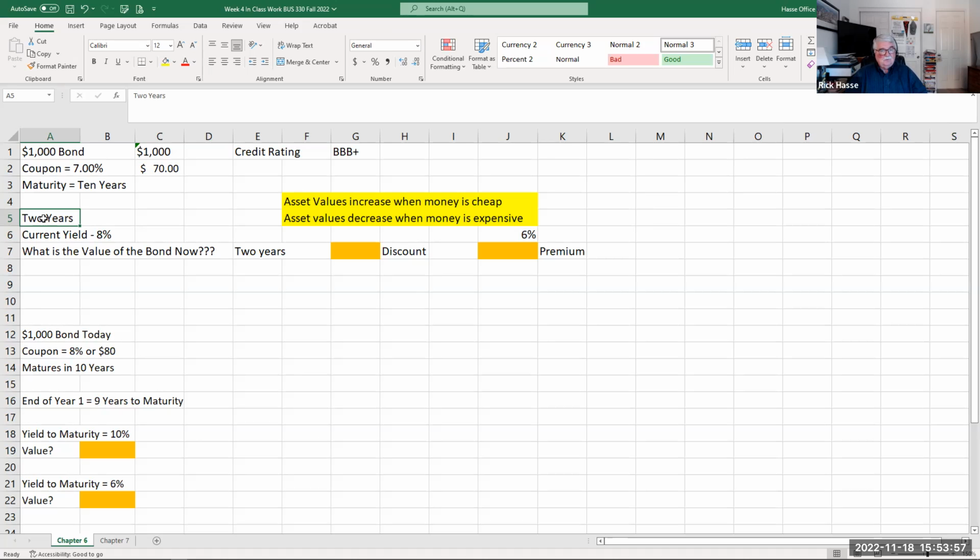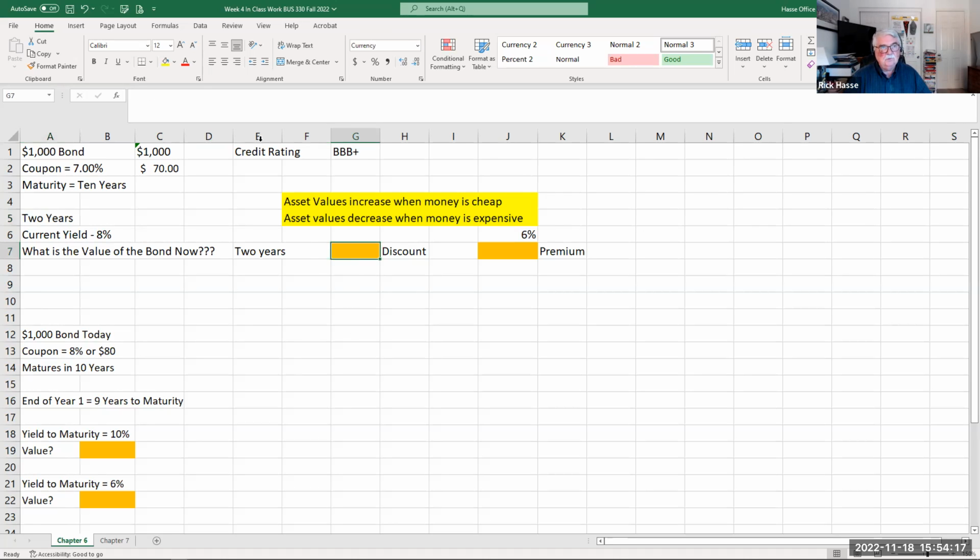In November of 2022, interest rates are going up, bond yields are getting higher. So what does that mean? Well, it means that this bond with the yield of 8% in the market is going to be sold at a discount. In other words, the bond has lost value. Let me explain that to you.